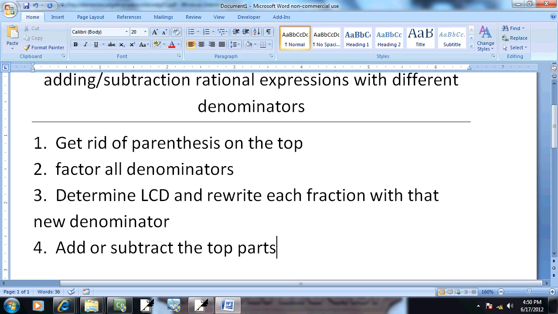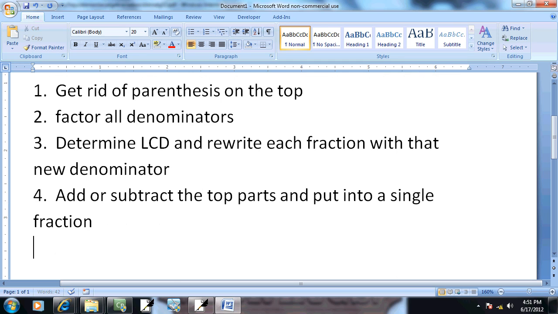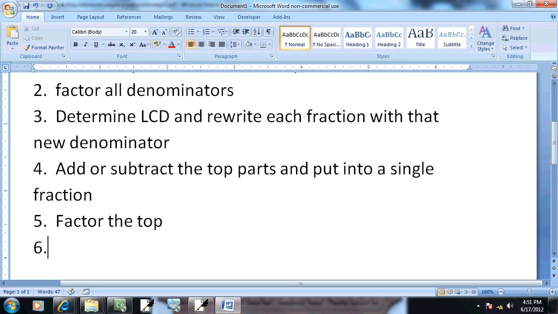Add or subtract the numerators and put into a single fraction. Then factor the top, factor the numerator, and cancel if necessary.